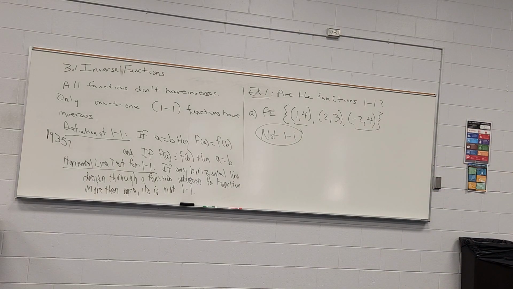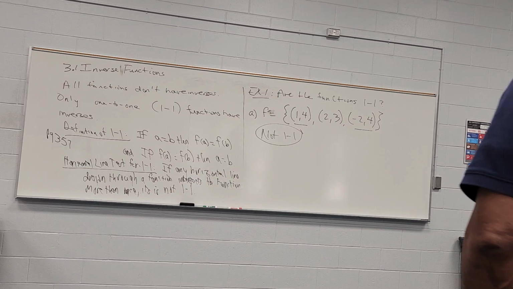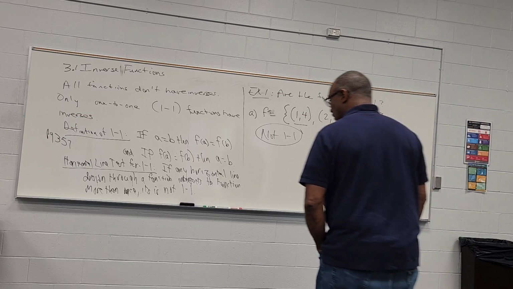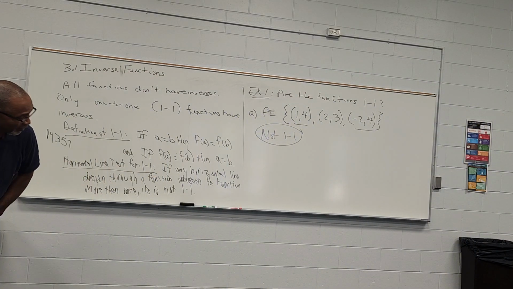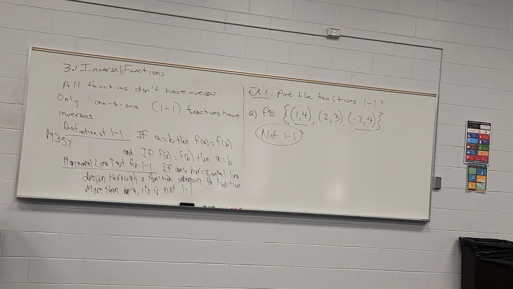Now, if you remember when I wanted to know if something was a function or not, we had a couple of definitions. If I had it in ordered pairs, I couldn't have any repetition in the x coordinates, that first coordinate.